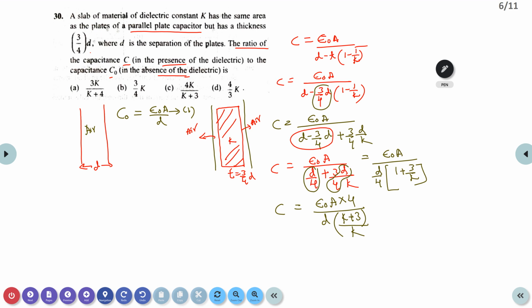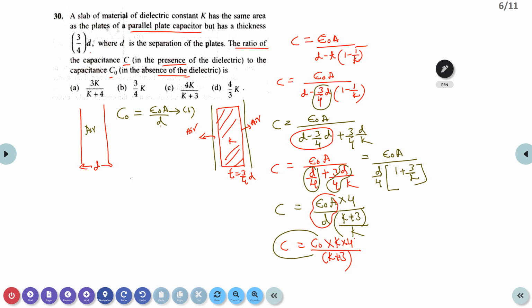Can I write like this? This quantity is nothing but what from equation 1? C naught. So C equals C naught into K into 4 divided by K plus 3. Anyhow, he is asking the ratio, this term.